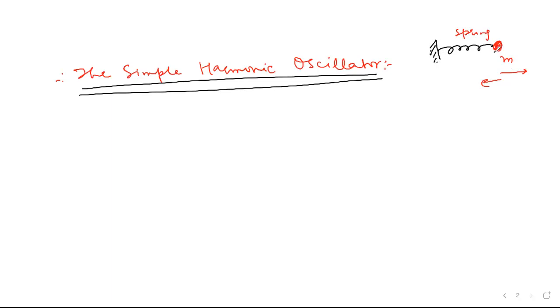The mass will begin to oscillate. This to and fro motion is an example of oscillatory motion.